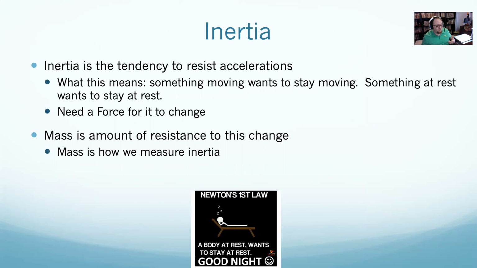Now, this gets really technical, and I'm going to gloss over some of the technicalities here, but how we measure how much inertia something has is called mass. Really, mass and inertia are basically interchangeable.